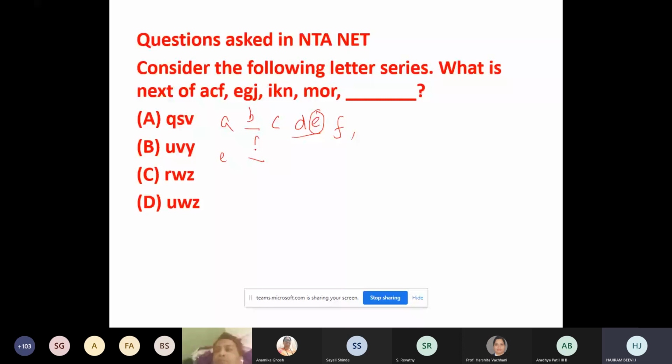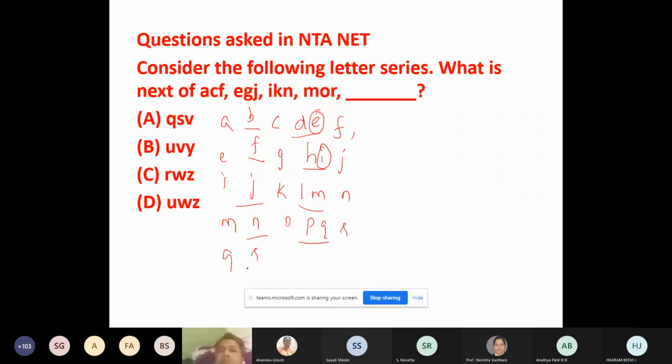Then this one, I, J, K, L, M, N. So next one, M: M, N, O, P, Q, R. So next element will be Q. So skip R, then S, T, U, V. So which means the next one is QSV.